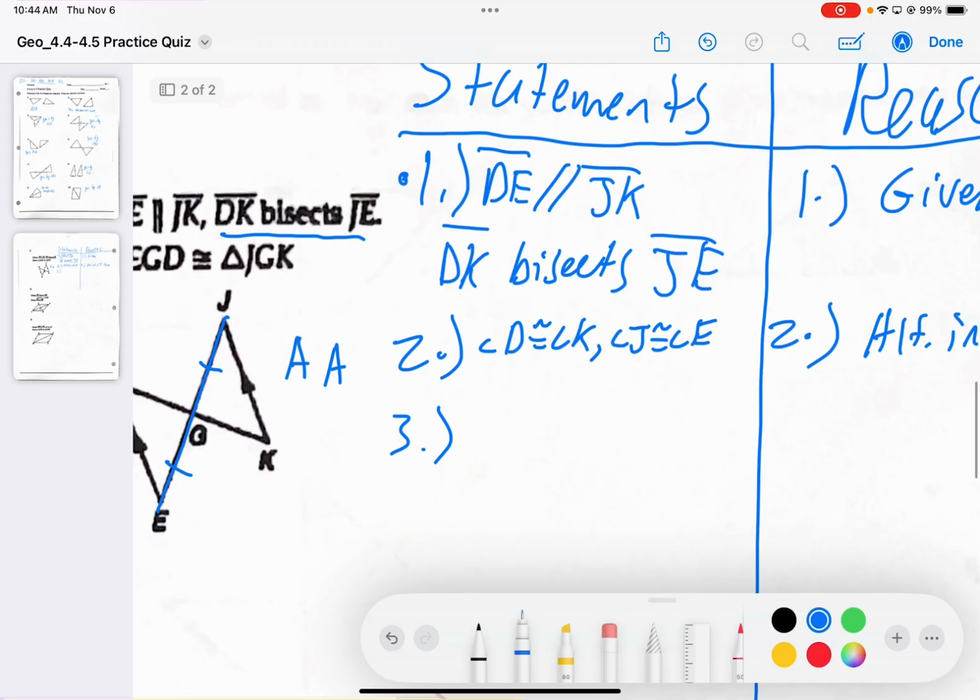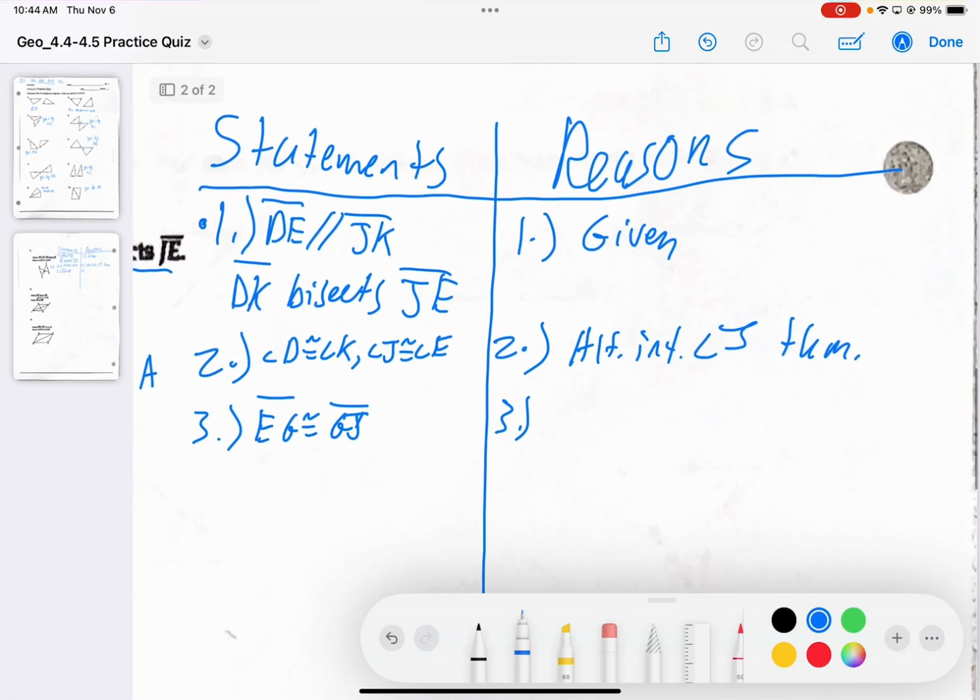So then I would say EG is congruent to GJ. What's my reason for that? Definition of segment bisector. Great, there's a side.